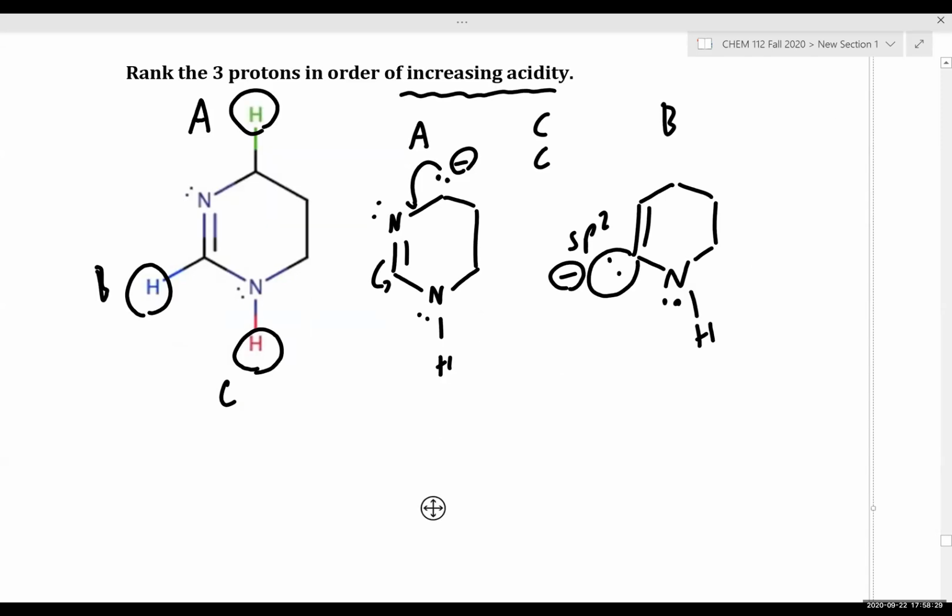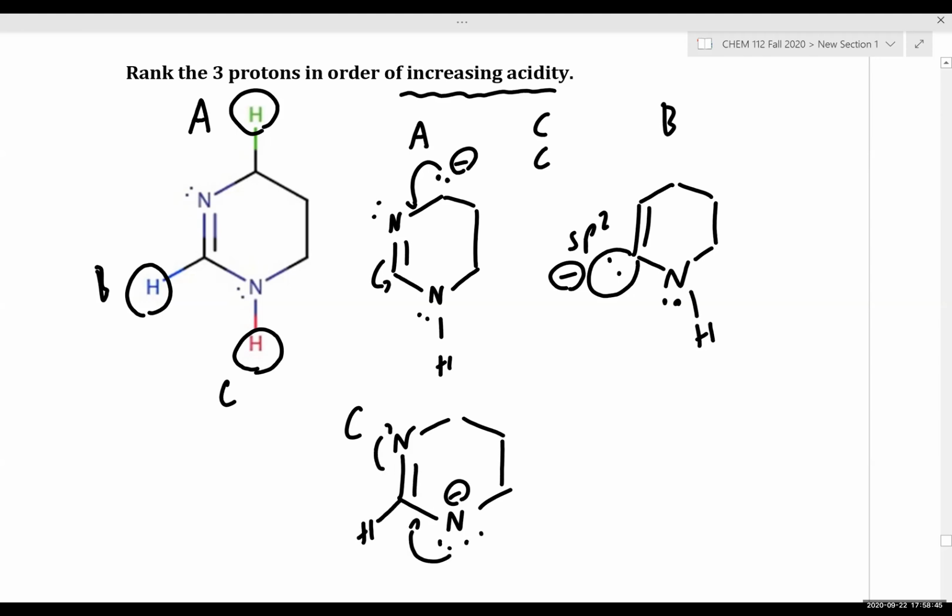Finally, let's look at proton C. Proton C, we would in turn generate an anion on a very electronegative nitrogen atom that we can in turn delocalize across 2 very electronegative atoms. So proton C is definitely the most acidic here.